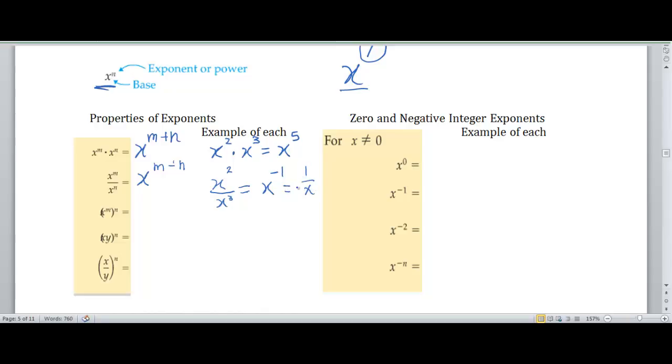Okay, x to the m to the n, so when you're taking an exponent to another power, you say x to the m raised to the n.